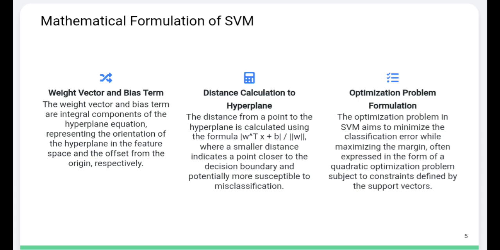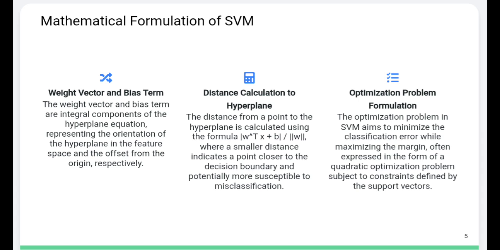Distance calculation to hyperplane. The distance from a point to the hyperplane is calculated using the formula weight, where a smaller distance indicates a point closer to the decision boundary and potentially more susceptible to misclassification.